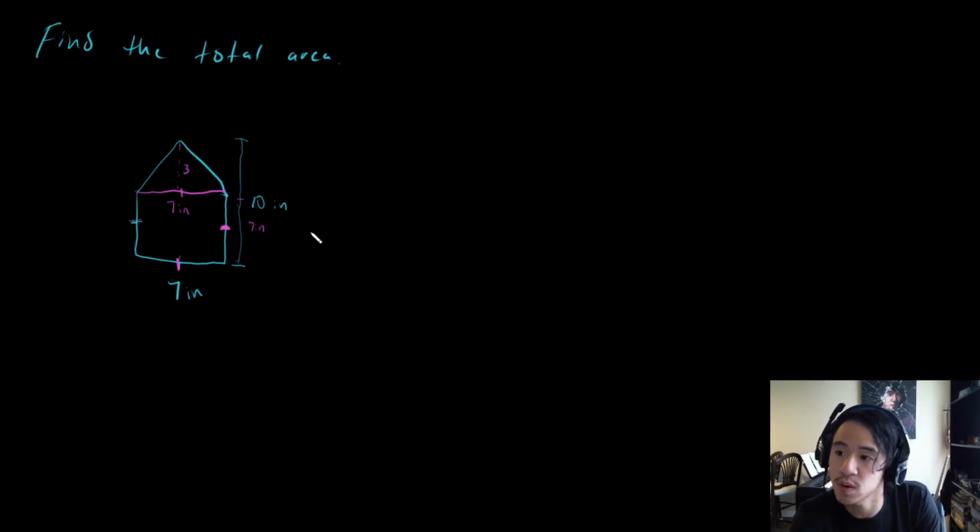So the area of a square is just 7 times 7. It's the side length squared. So this is 49 inches squared. And the area of a triangle is equal to 1/2 base times height. So when we plug this in, we should get 7 times 3 is 21 divided by 2.